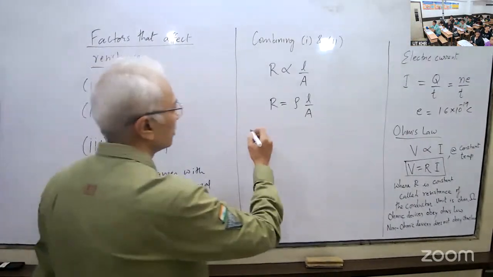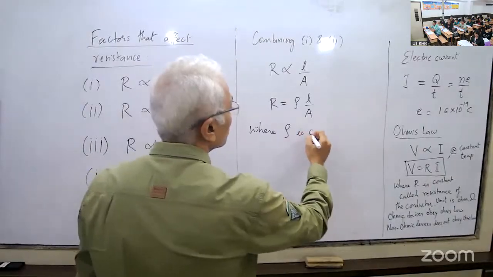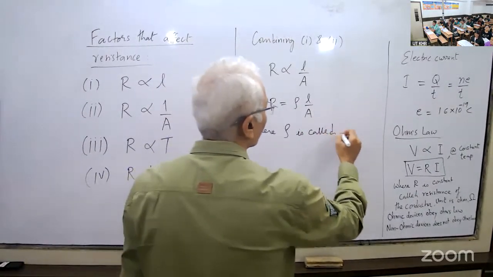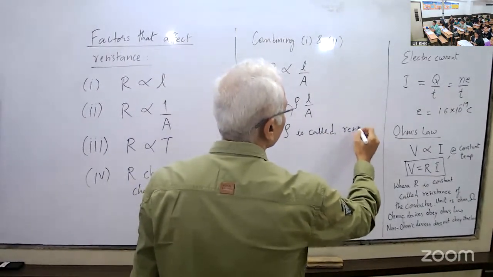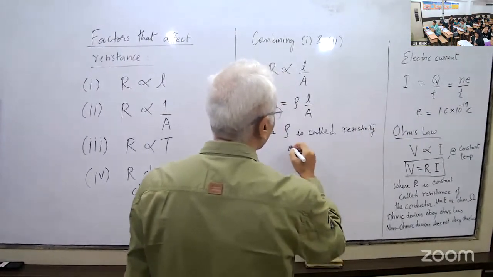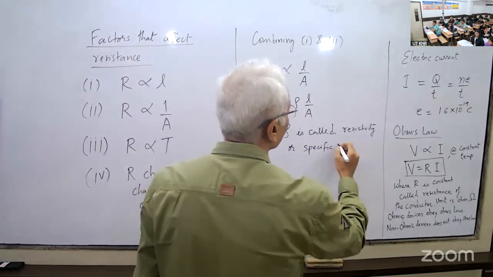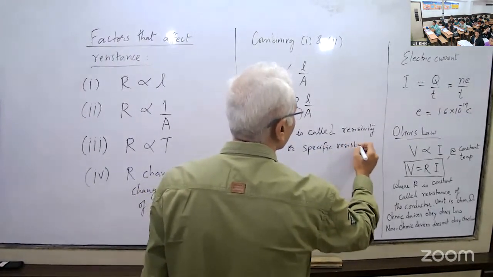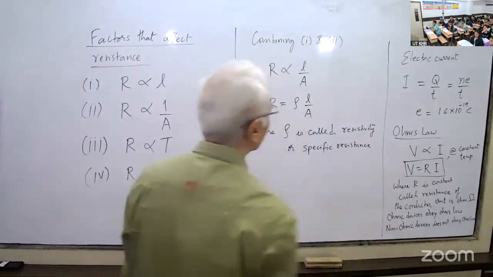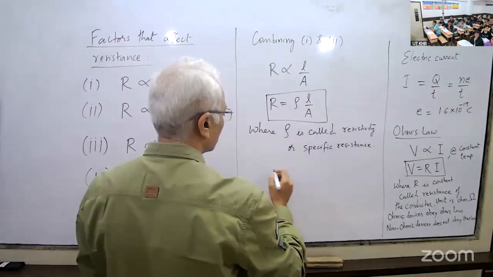Where rho is called resistivity or specific resistance. So what is the specific resistance now?